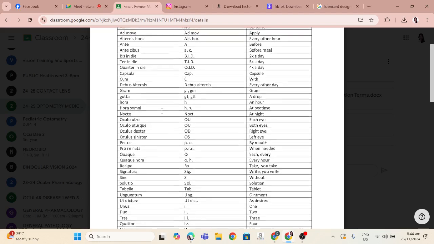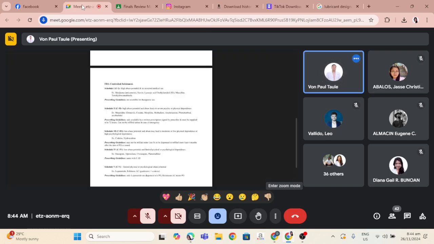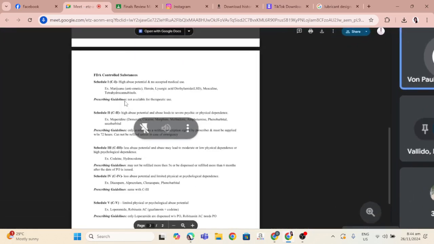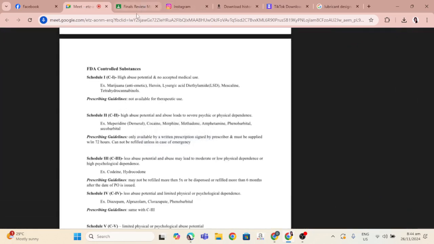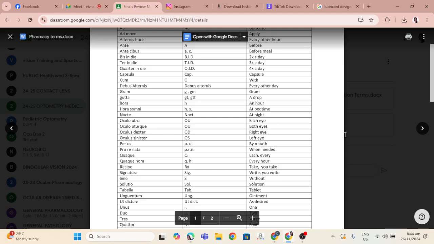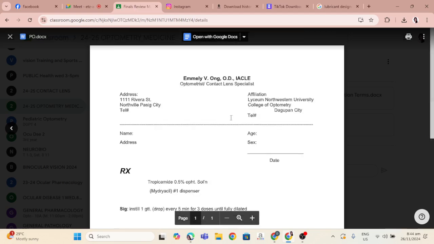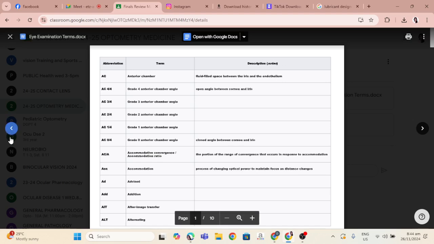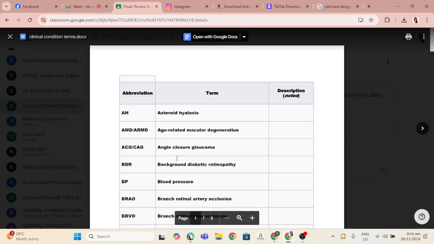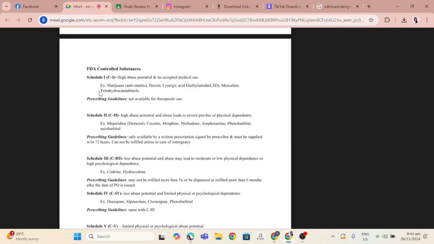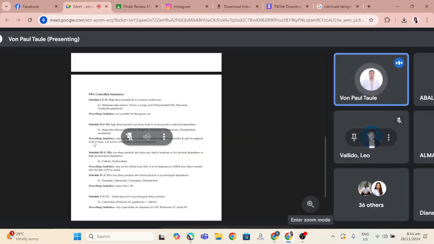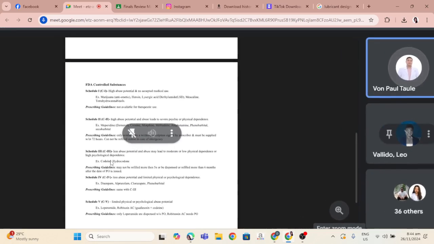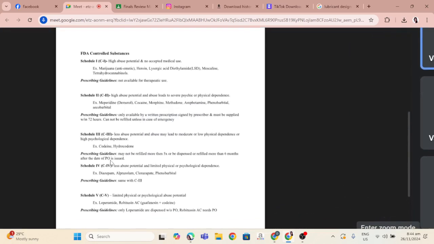For example, here is the marijuana, heroin, lysergic acid diethylamide or LSD, mescaline and tetrahydrocannabinols, or some sort of parang medical grade or concentrated marijuana, itong si tetrahydrocannabinols or THCs. These are yung guidelines for S1: currently they are not available for therapeutic use.